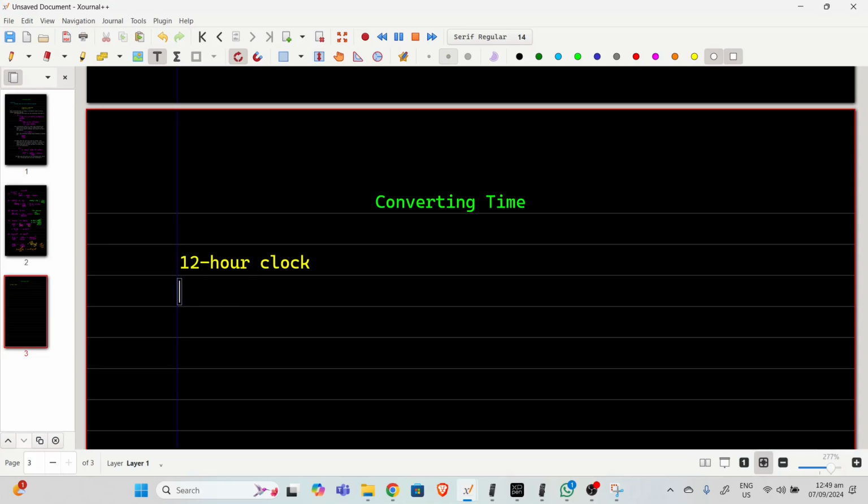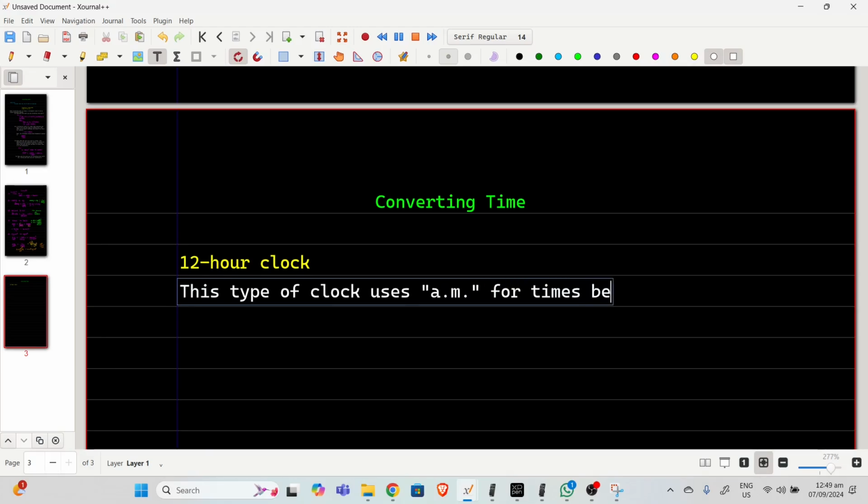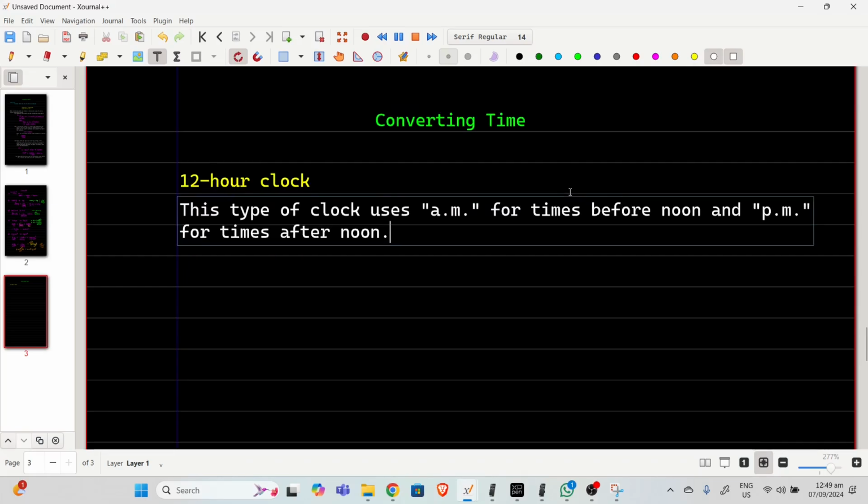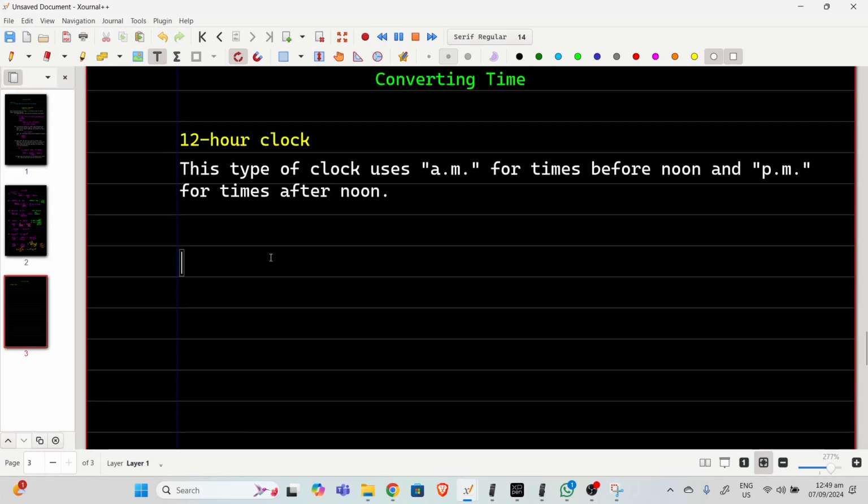So this type of clock uses AM for times before noon and PM for times after noon, right? Which you should already know because you use this system constantly.